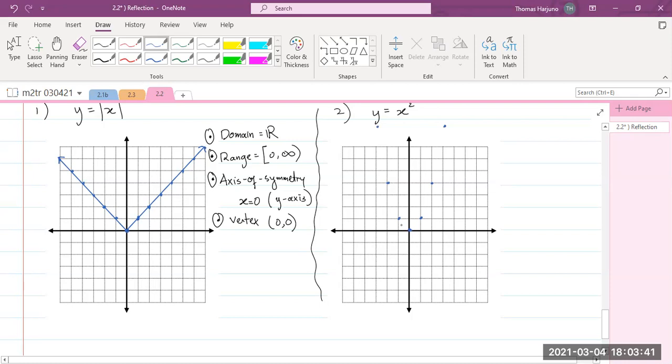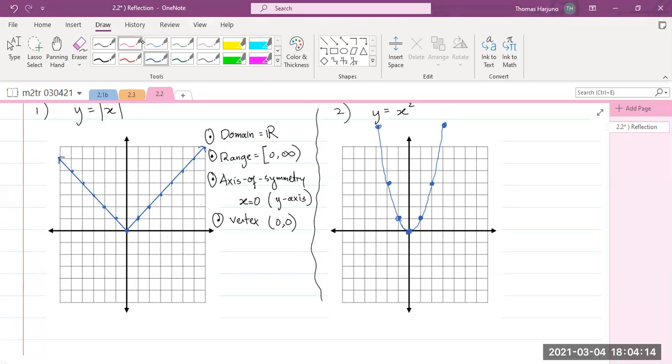So the graph approximately looks like this. It's a parabola. But the important coordinates are 0, 0, 1, 1, 2, 4, 3, 9, negative 1, 1, negative 2, 4, negative 3, 9.